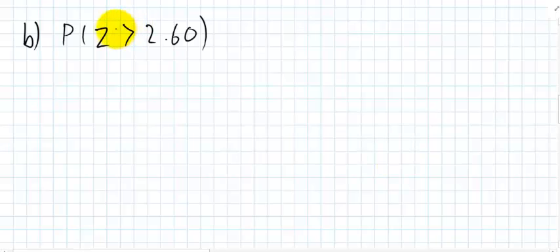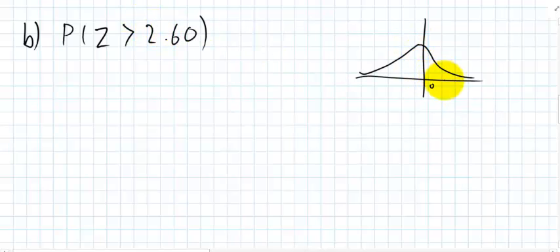Probability of z being bigger than 2.60. So step 1, as always, sketch the graph. 0 is the mean, and 2.60 will be to the right of 0, and they want the area bigger than 2.60. Now, is this in a less than positive form? No. So we're going to have to make it into a less than positive form. In this case, we'll have to use the 1 minus method.